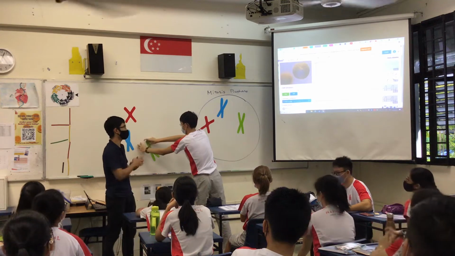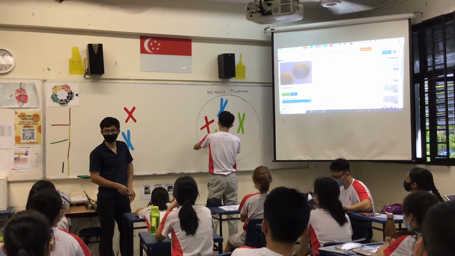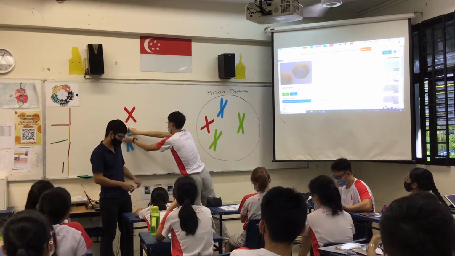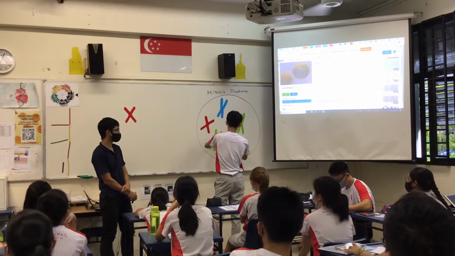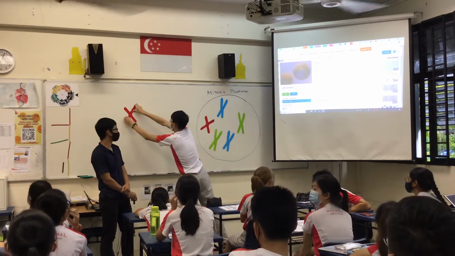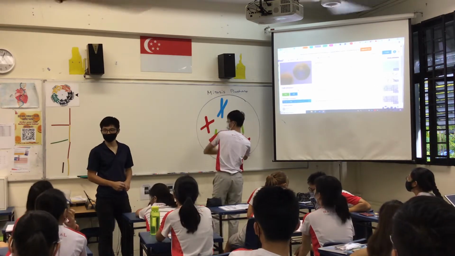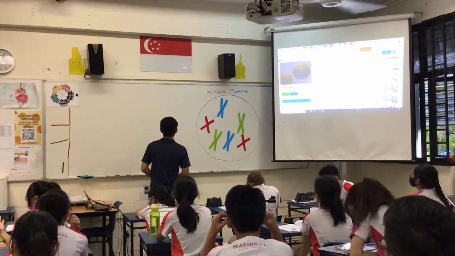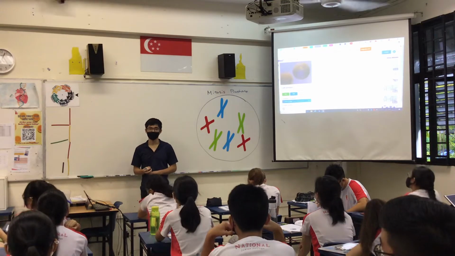Just based off this number of chromosomes here. What would be the haploid number of chromosomes if this cell went through meiosis? Again, what would be the haploid number of chromosomes based on the number of chromosomes you see on the whiteboard? What would be the haploid number?